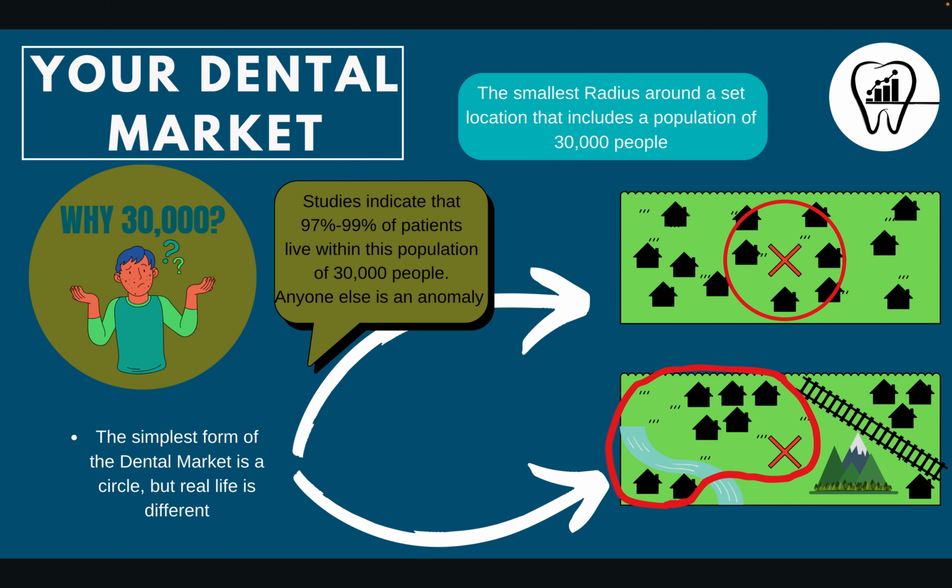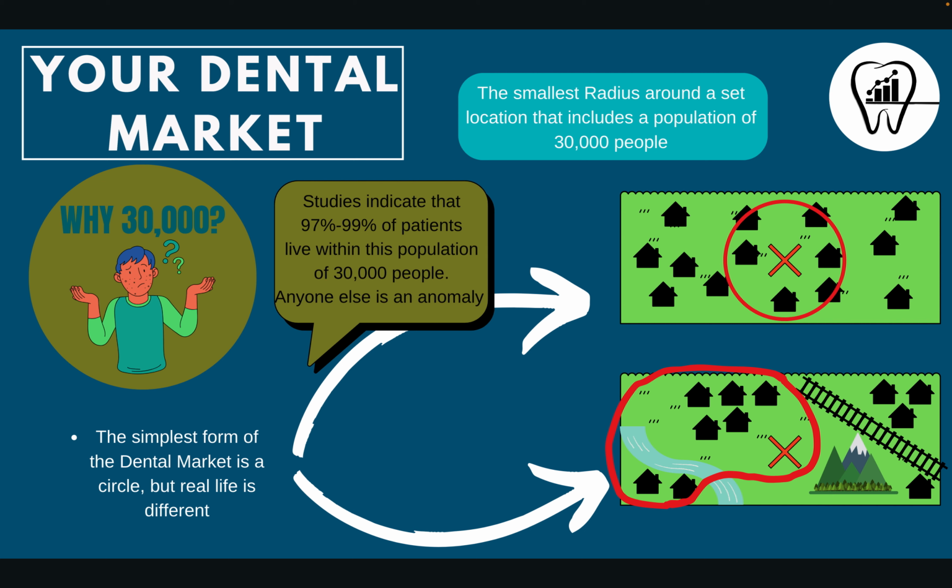So why do we say 30,000 people? Well, it's because some studies have indicated that usually between 97 and 99% of the patients that actually come to your practice live within that 30,000 people group, right? They live within that radius that includes 30,000 people around your practice.